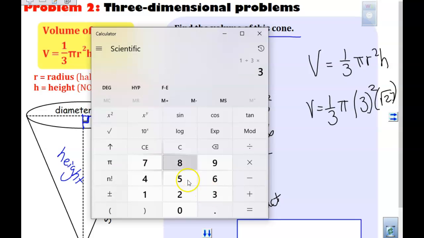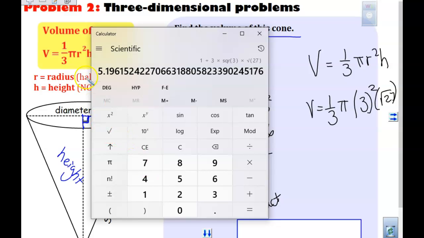I'm going to take 3 and hit the x squared because I'm squaring 3. Then times 27 and square root. Your calculator might need the square root first, so just make sure you know how to use your calculator, because the square root of 27 is about 5.19, a very long decimal.